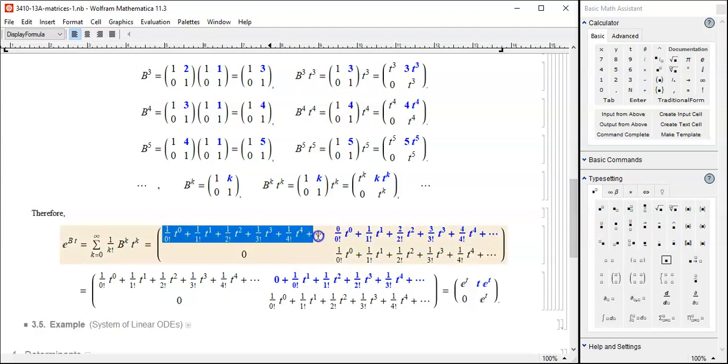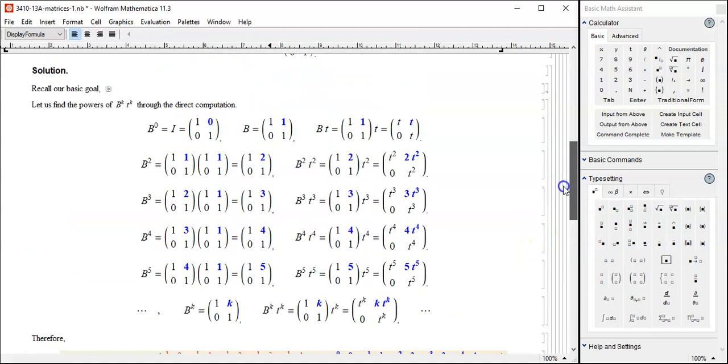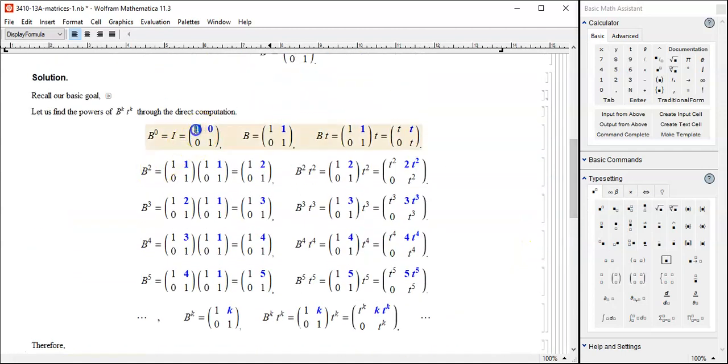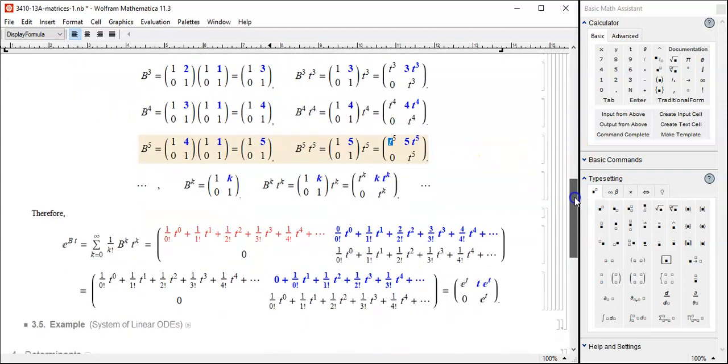Now, how about this part? 1, 1, and 3, let's see. 1, t squared, t cubed, t to the 4th power, 5th power, 6th power, 7th power, arbitrary k power. No change from the original definition of the exponential function.